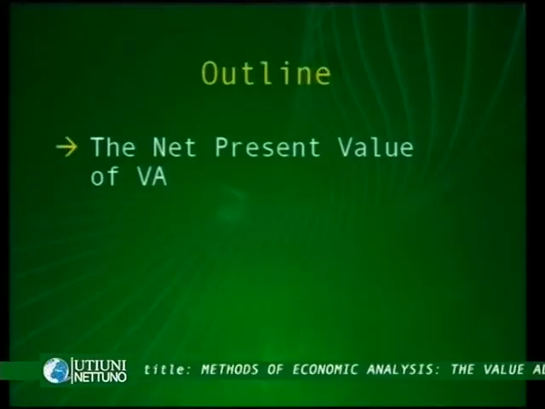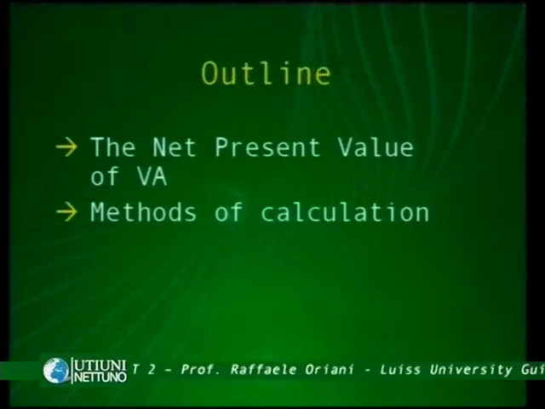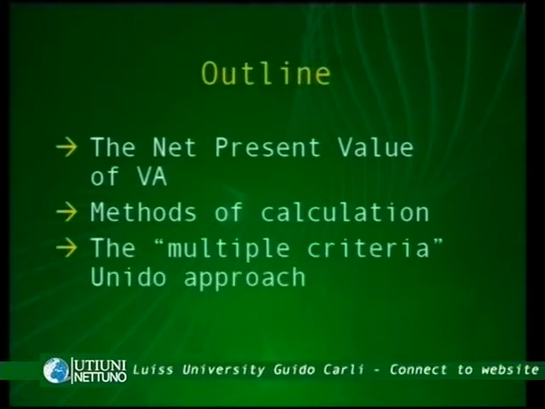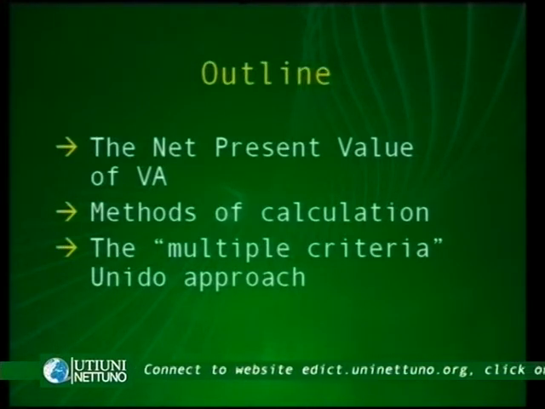Accordingly, we'll follow this outline today. First, we'll look at the net present value of value added. So we'll look at how we should discount the value added generated by a project during its entire life. Then we'll look more specifically at the methods of calculation of the net present value of value added. And then we'll conclude this class by looking at the multiple criteria approach adopted by UNIDO.